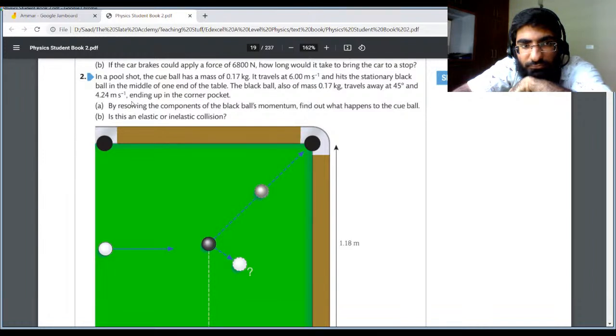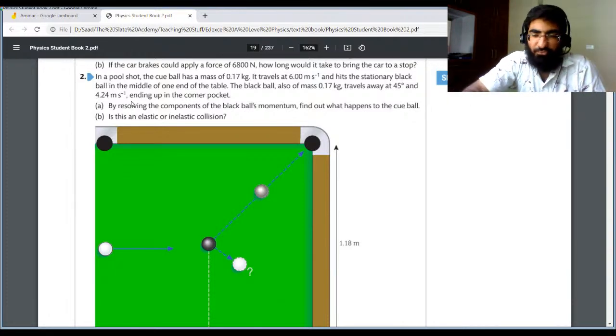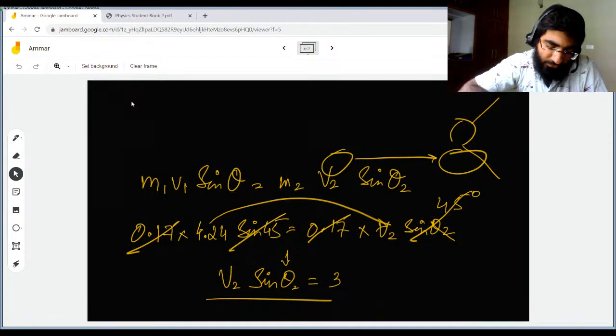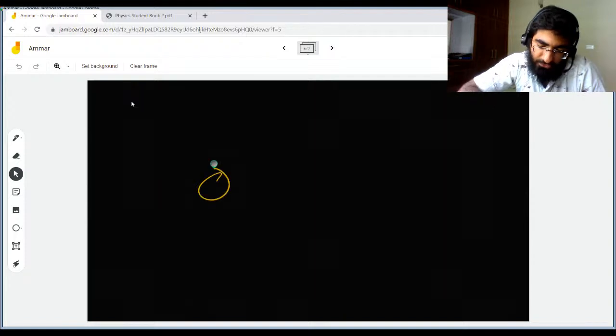Okay, we can make an assumption over here to solve things. For example, we can assume that if the collision is elastic, which is the next question, then velocity is conserved. v1 will be equal to v2.